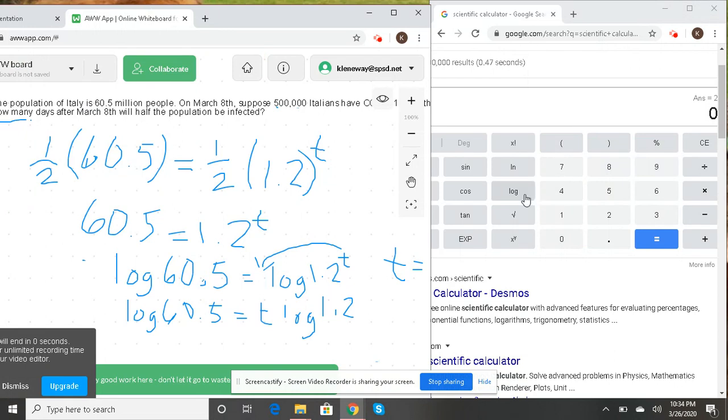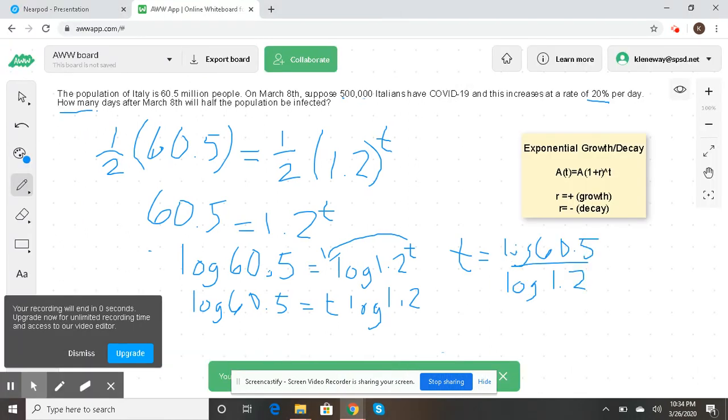So the log of 60.5 divided by the log of 1.2 is equal to 22.5. Or in this case, I could say that t equals 22.5 days. Or 23 days, let's round up.